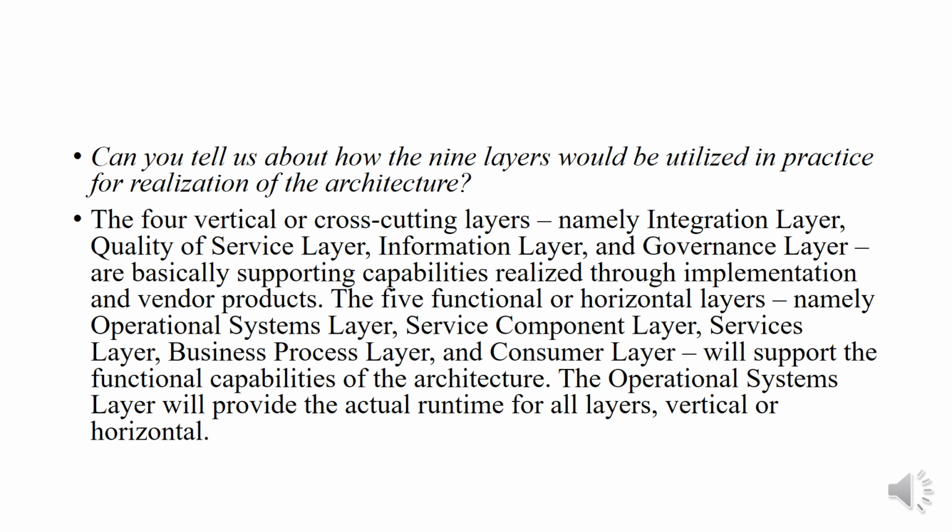The 5 functional or horizontal layers, namely operational systems layer, service component layer, services layer, business process layer and consumer layer, will support the functional capabilities of the architecture. The operational systems layer will provide the actual runtime for all layers, vertical or horizontal.